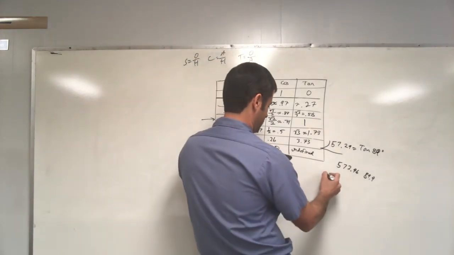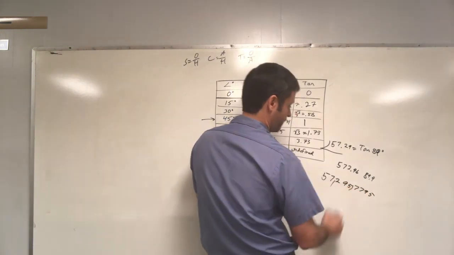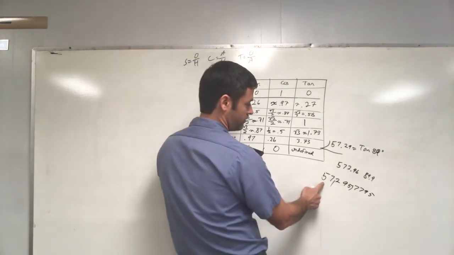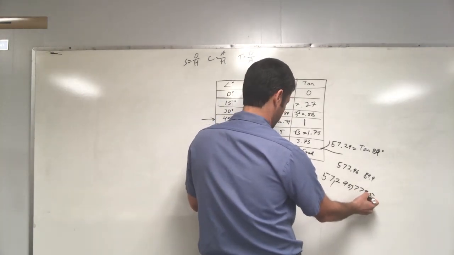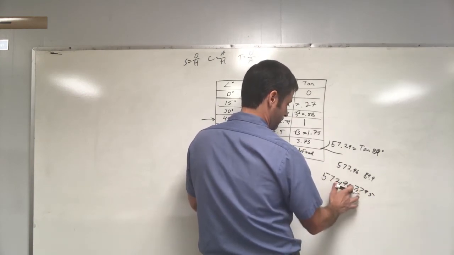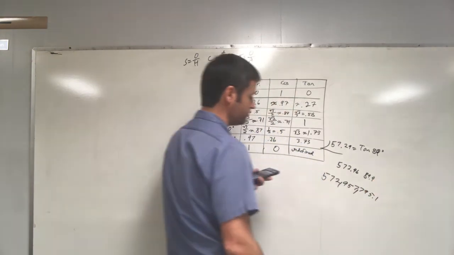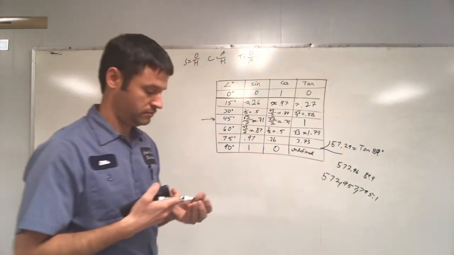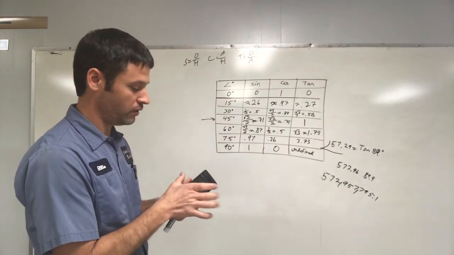You get a huge number: 572,957,795.1. That's the tangent of an 89.99999 angle.